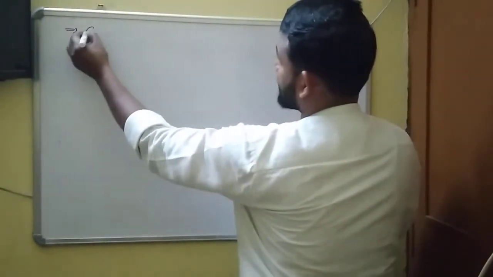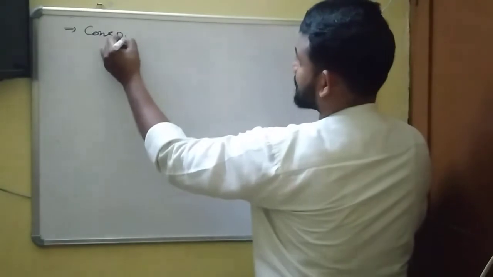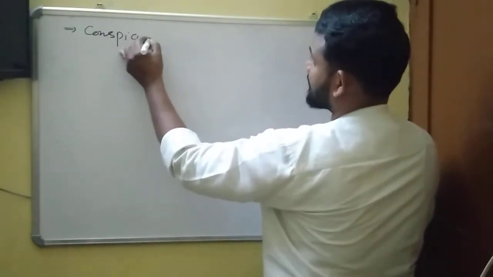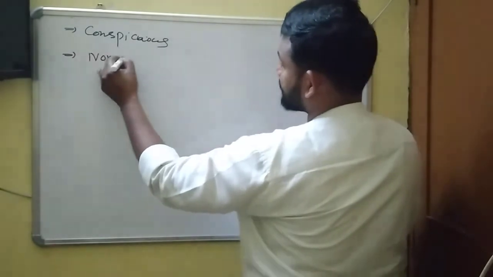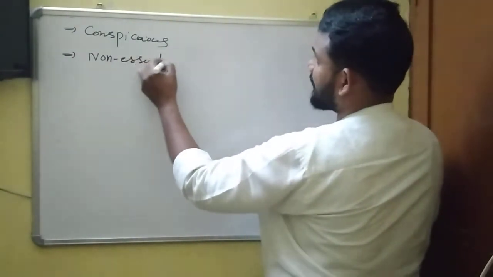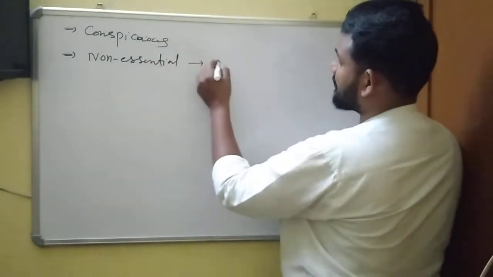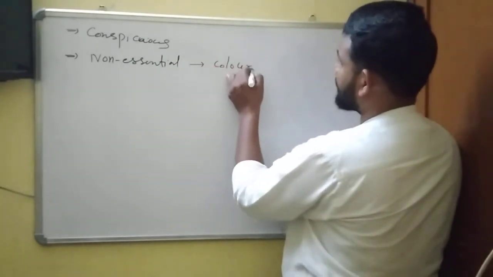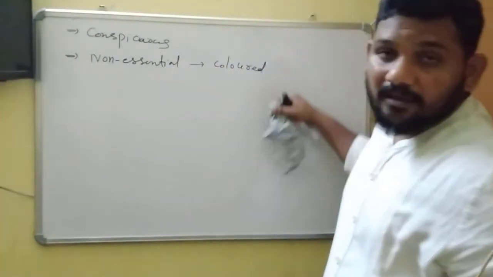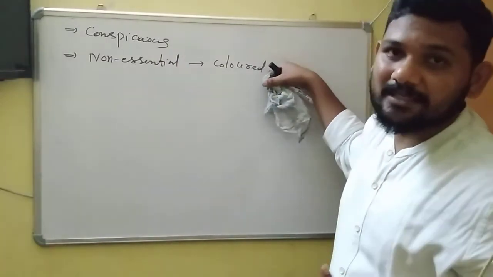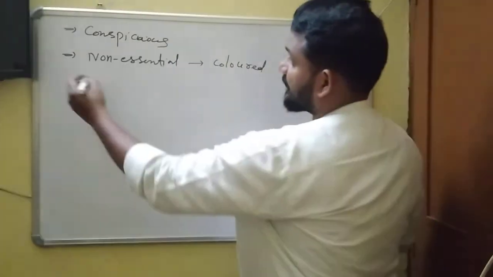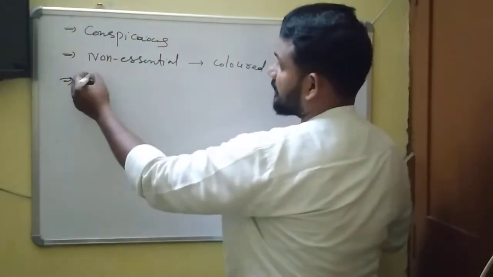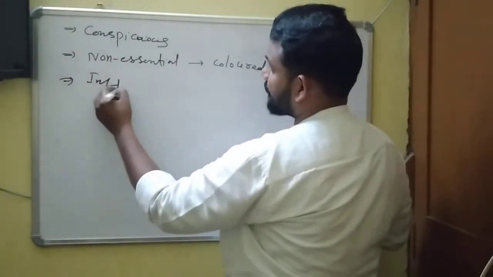First, generally the flowers are conspicuous: they are larger in size, and the non-essential organs, like calyx and corolla, mainly petals, are brightly colored because they attract various insects. If flowers are small, then they are aggregated into an inflorescence.